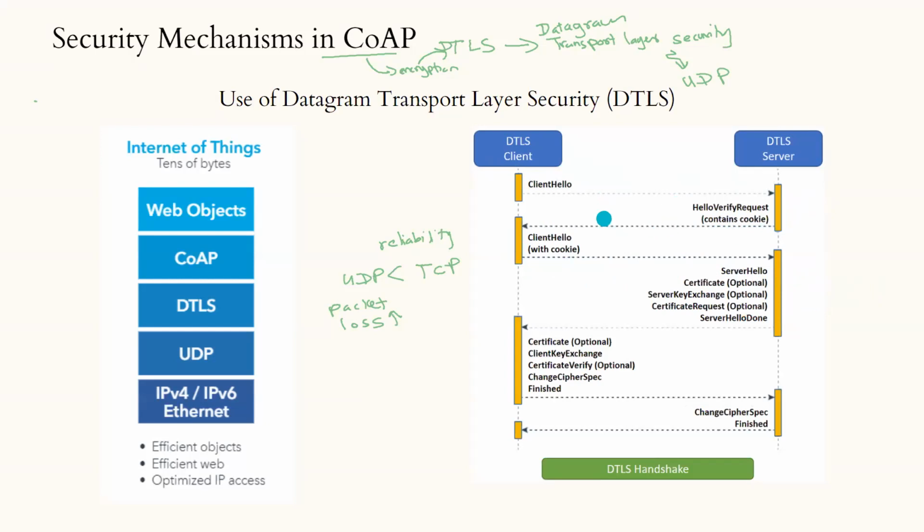The messages are named in a certain manner. The client will send a message type called client hello, and that will be received by the server. The server will send a hello verify request message to the client. The client will receive the verify message, and that will include the random sequence or the secret code that I mentioned.